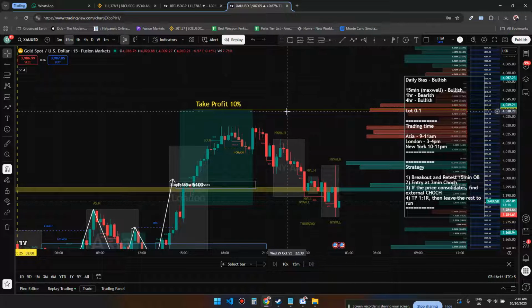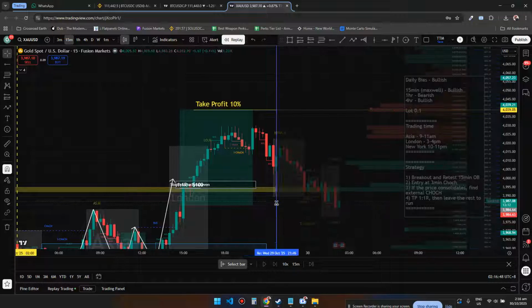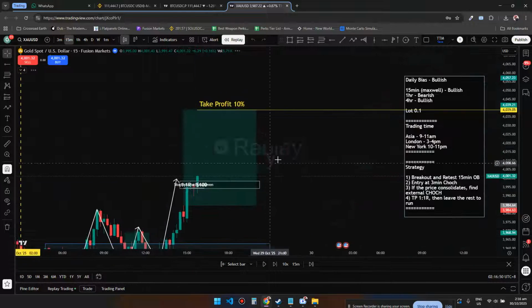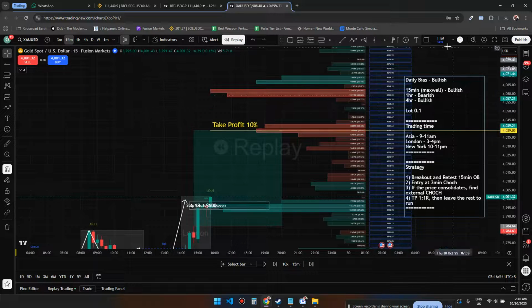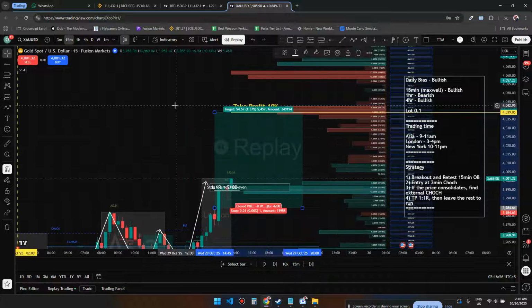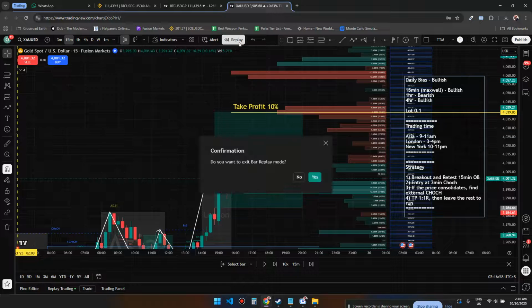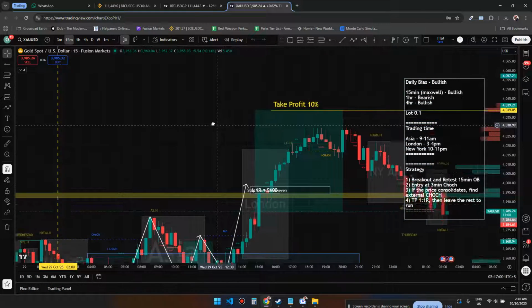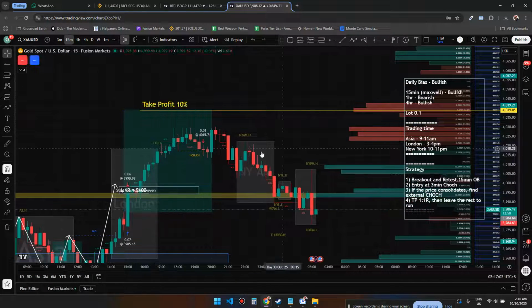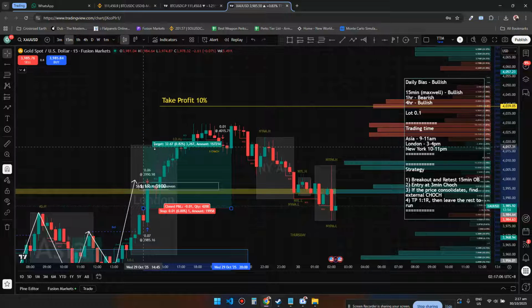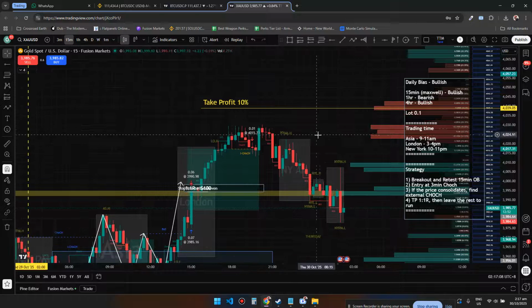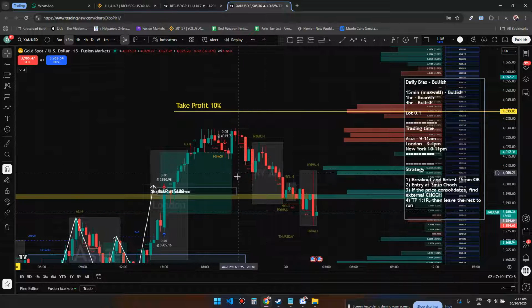Okay, so it didn't hit this take profit 10%. Okay, hold on. So for my trades, I actually took profit in this area because I was trailing my stop loss.